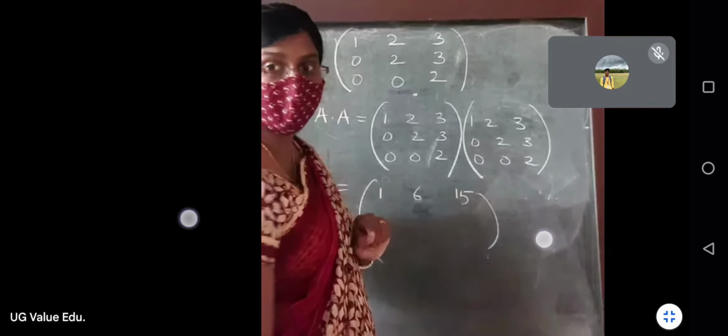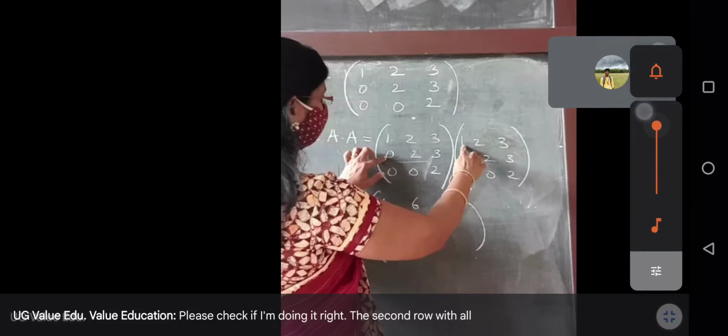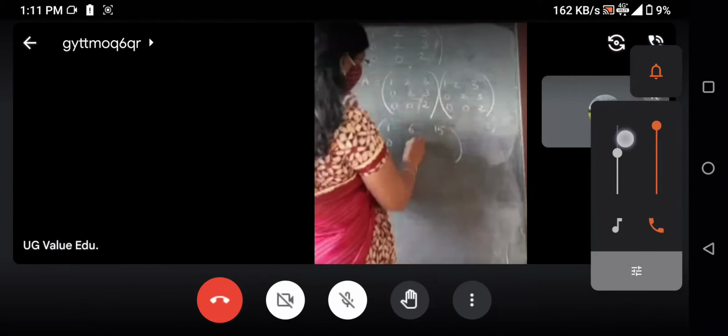Please check if I'm doing it right. Then second row with all these columns. 0, 0, 0. 6.